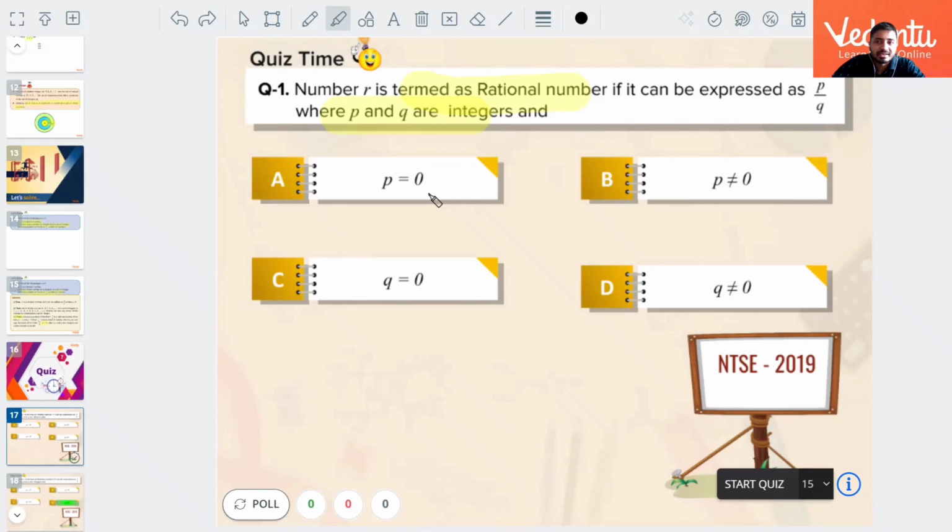Which of the following answers is correct? Just write your answer in the chat box fast. Option A: p equals 0. Option B: p not equal to 0. Option C: q equals 0. And option D: q not equal to 0. Okay, I'm starting the quiz.